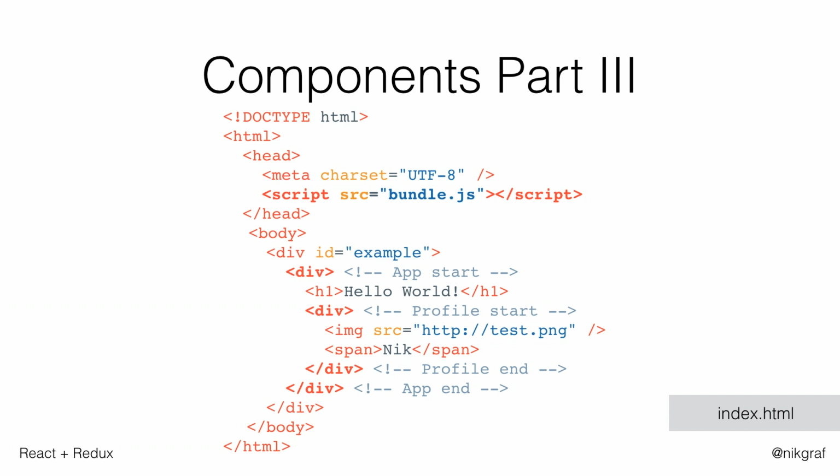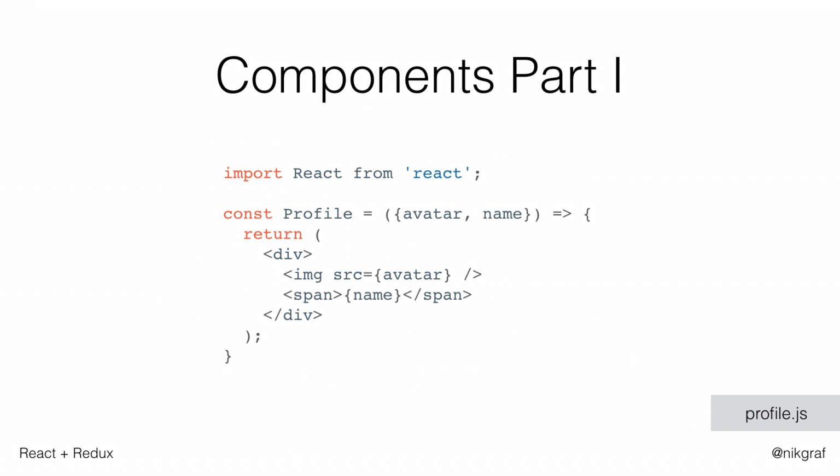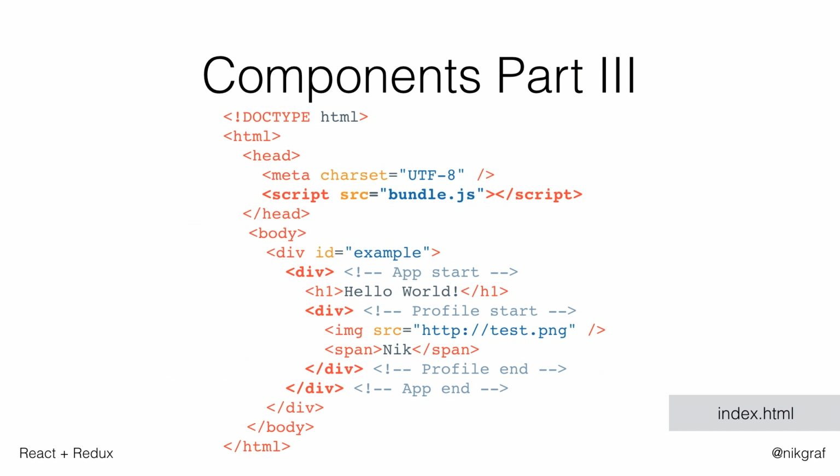It simply renders the virtual DOM that we created with our components right into HTML. So if you remember, we had example, and then you can see here app starts here, and the app ends here. It was a div. And if we go back to the profile component, you can see it's a div, an image, a span, a div. And that's exactly what gets rendered right into here.